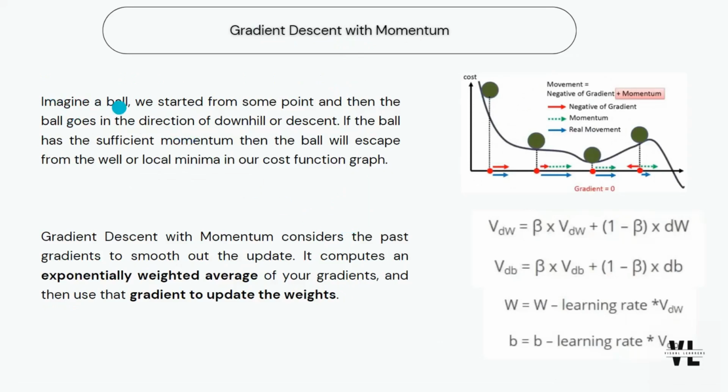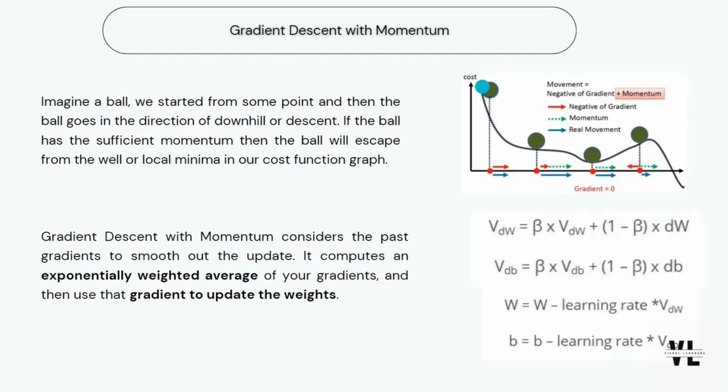Imagine a ball, and we started from some point, and then the ball goes in the direction of downhill or descent. If the ball has a sufficient momentum, then the ball will escape from the valley or local minima in our cost function graph. So the name momentum was used here because it's basically similar to the momentum that we use when we talk about velocity, acceleration, and momentum in physics.